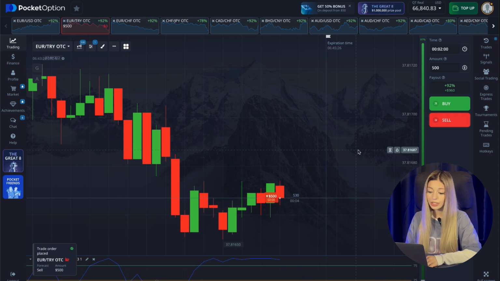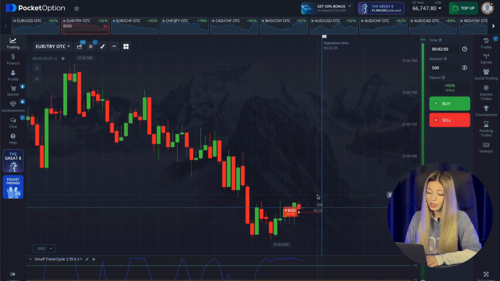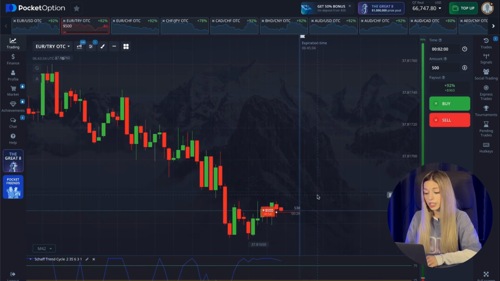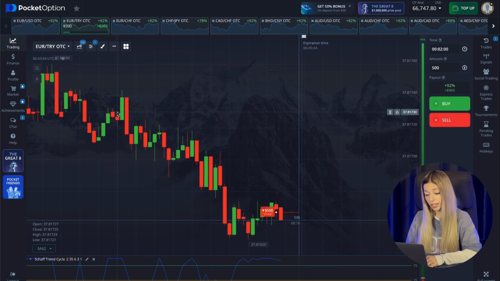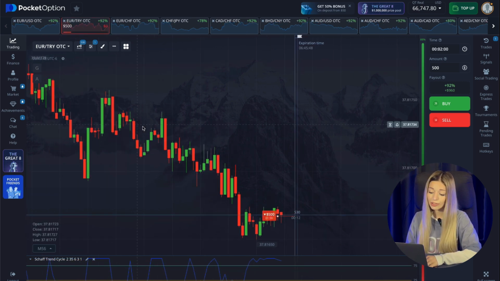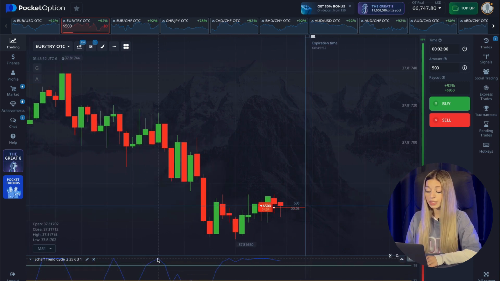So here is our setup. I'm going short. What do we see here? First, we have got the downtrend, and our indicator, as you might guess from the name, shows us trend cycles. So we have got a downtrend, but there are some green candles, some red ones, yet overall the price is dropping. And our indicator line signals which trend cycle we are in.